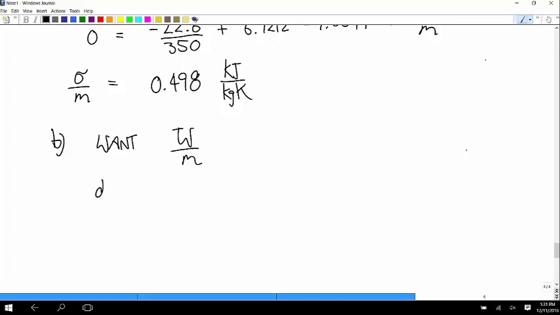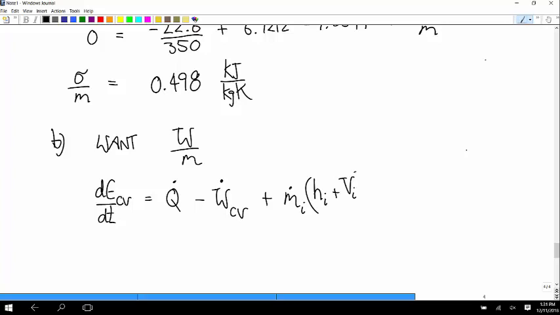So we're going to use dE/dt for the control volume is equal to Q dot minus W dot for the control volume, plus m_i dot times the quantity h_i plus V_i squared over 2 plus g z_i, and then minus m_e dot times the quantity h_e plus V_e squared over 2 plus g z_e.